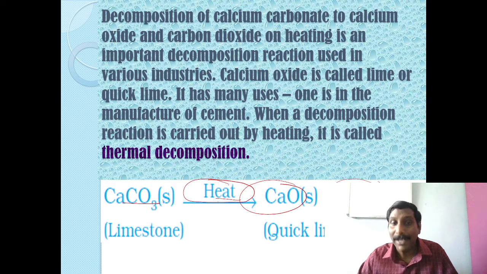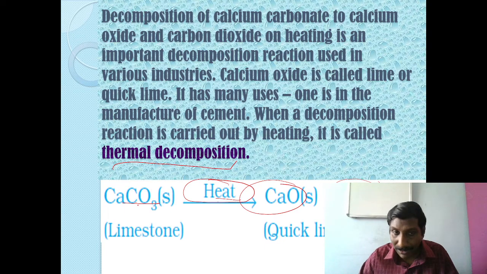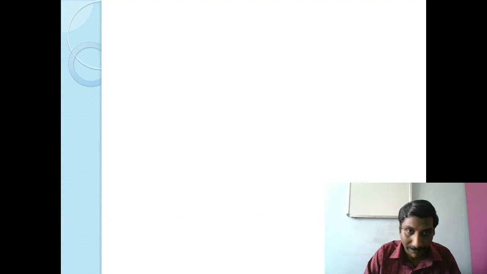This type of decomposition is called thermal decomposition. So, the decomposition carried out with the help of heat energy is called a thermal decomposition reaction. For example, calcium carbonate undergoes heating and we get calcium oxide and carbon dioxide. This is an example of a thermal decomposition reaction.